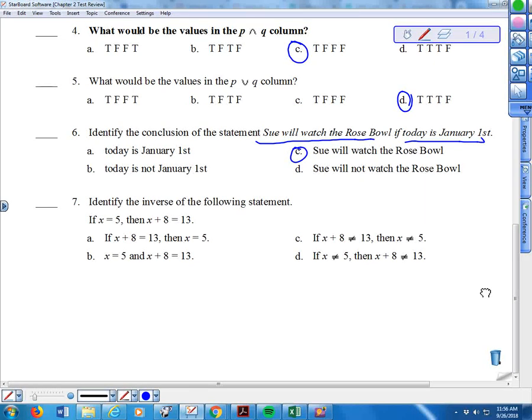Identify the inverse of the following statement. What's the inverse? You have the original statement, you have the converse, the inverse, the contrapositive. What's the inverse? She said flipped. You think it's flipped? What do you think the inverse is? Do you know?